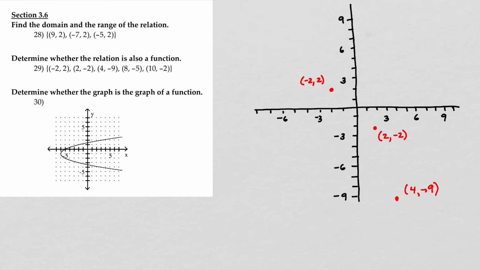And then we have 8, -5, and that's going to be roughly about there. And then 10, -2. Now you don't have to be worried about being super precise here, because if it looks like 2 points might line up, then you just check their x values and see if the x values are the same. So if that's the case, then the relation is not a function, and if we have all different x values, which we do in this case, then the relation is a function.